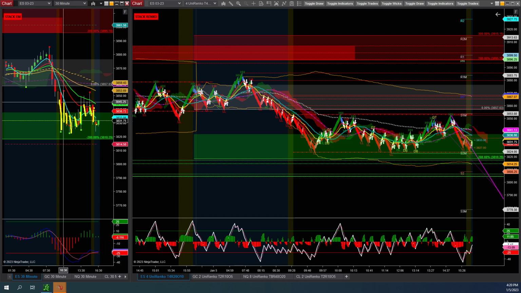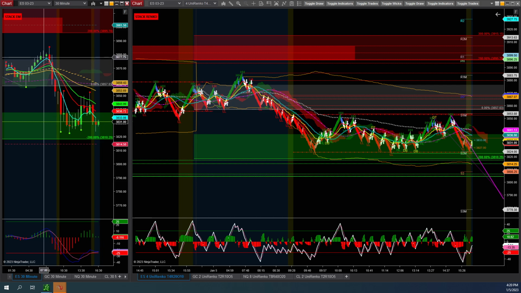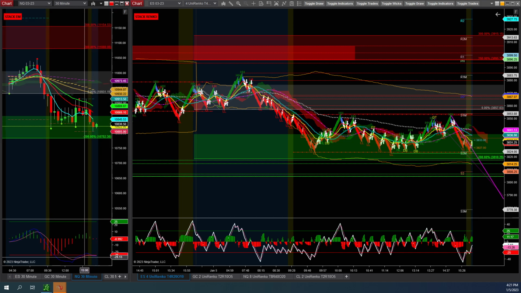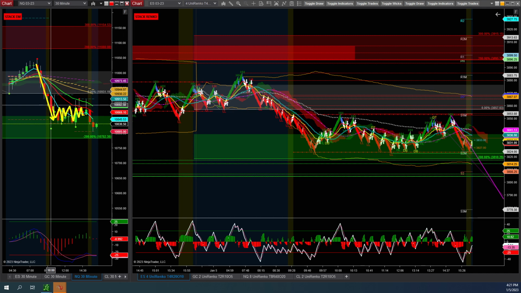It's not moving. If you didn't catch the morning move out of the 6 a.m. right here, then probably that was it. I mean, you were not going to be able to catch that move. Let's look at NQ. NQ, it's kind of like the same, moving there and then chopping. And when you see in the 30 minutes, it's bearish.